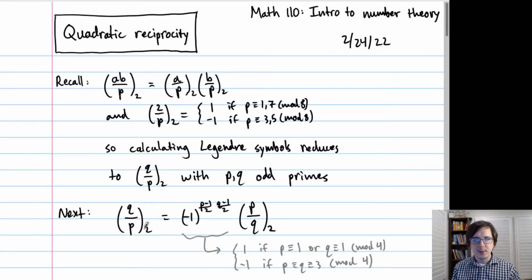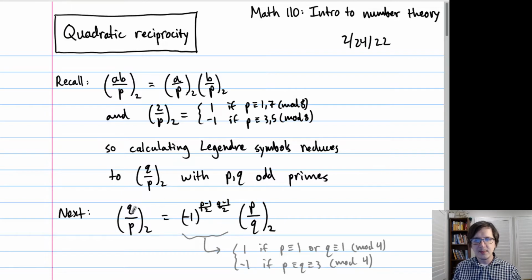The quadratic reciprocity law says that whether Q is a quadratic residue mod P is intimately related to whether P is a quadratic residue mod Q. So they have this reciprocal relationship. It's almost perfectly reciprocal, but there is this multiplicative factor in here that negates it sometimes.